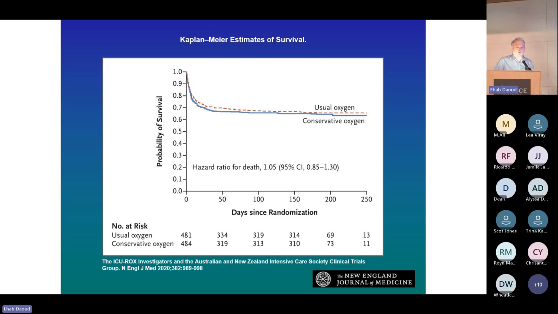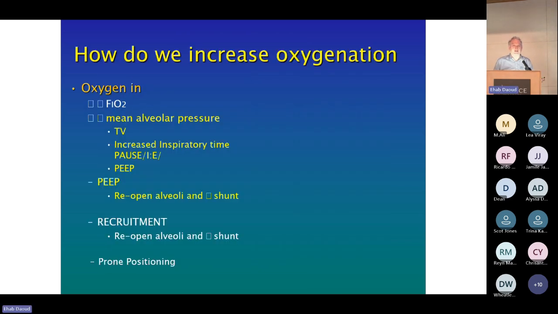We're also not controlling for oxygen before or after. This trial will be very large and will probably demonstrate, I'm pretty sure, the same outcome as ICU ROC, that we can't demonstrate a difference using conservative or usual oxygen. So oxygen, although it may be harmful, we can't demonstrate it.